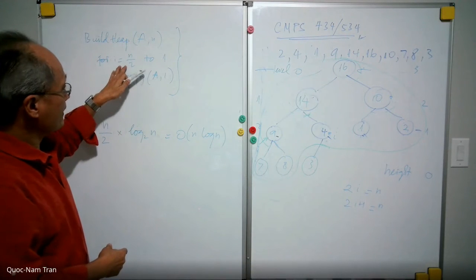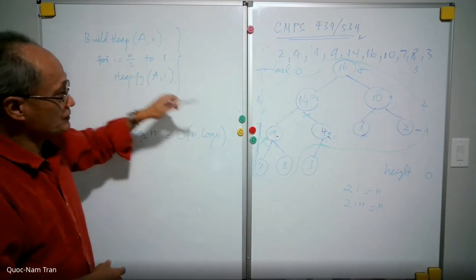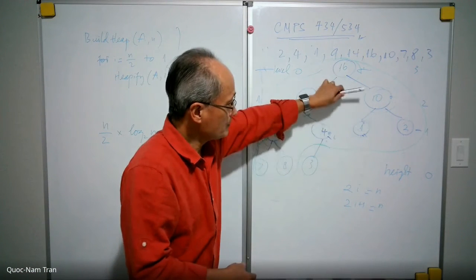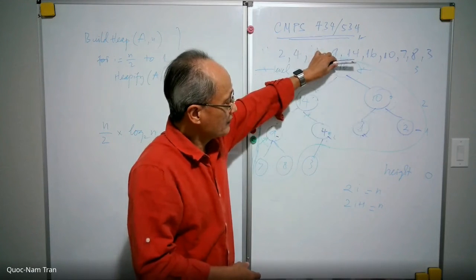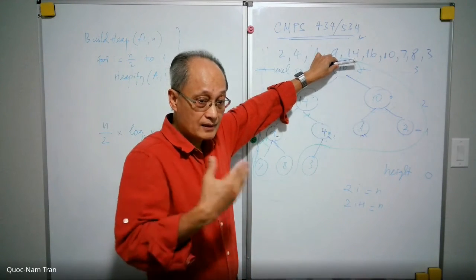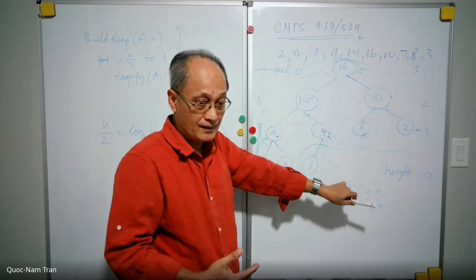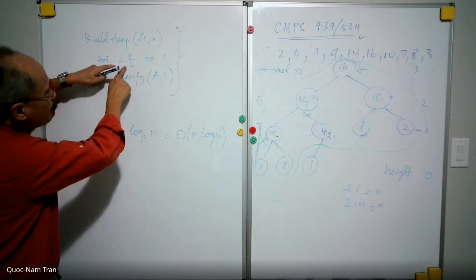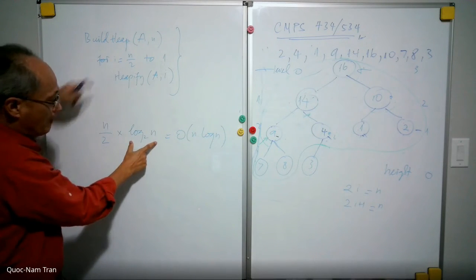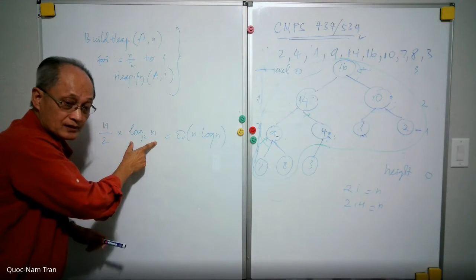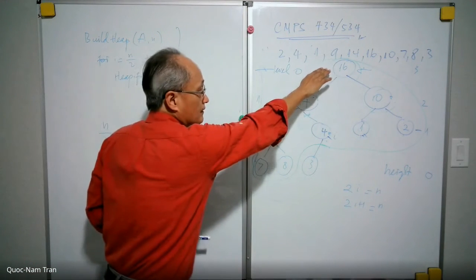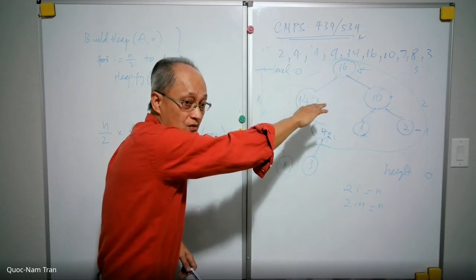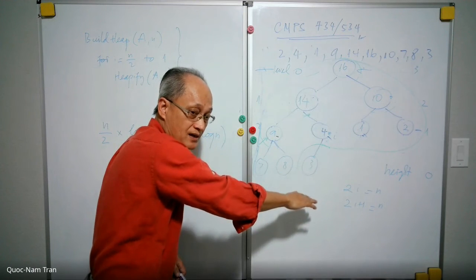Because here, when we have the index from n/2 to 1, here you have 1 step, here you have 2 steps, and going up, the last node has log n steps. Okay? It does not mean that for every node from n/2 to 1, they all take log n steps. The root, yes. The second level, log n minus 1, etc.